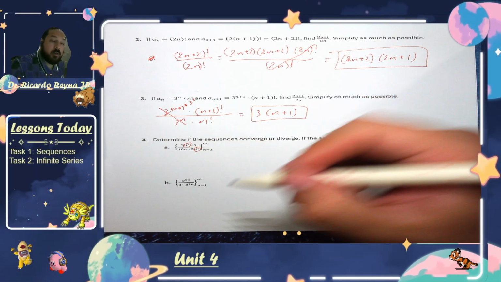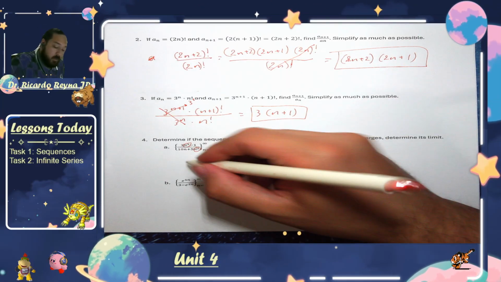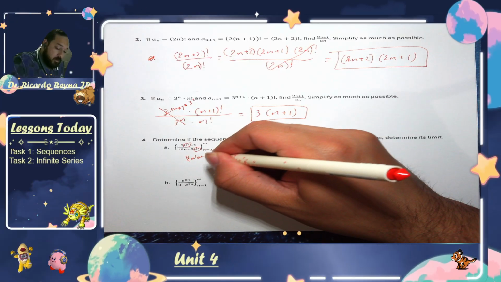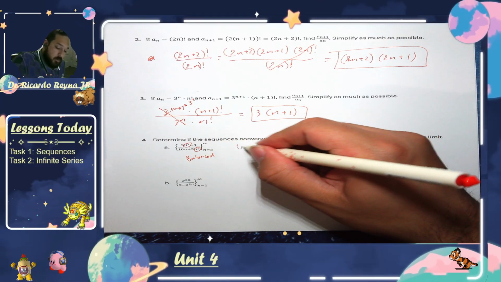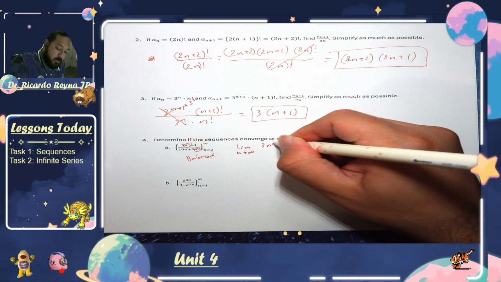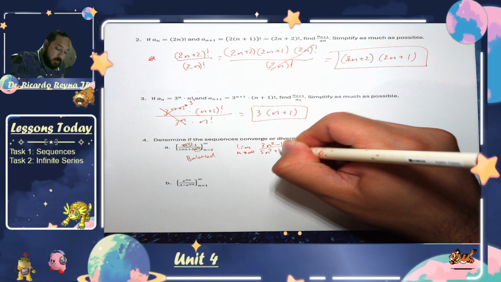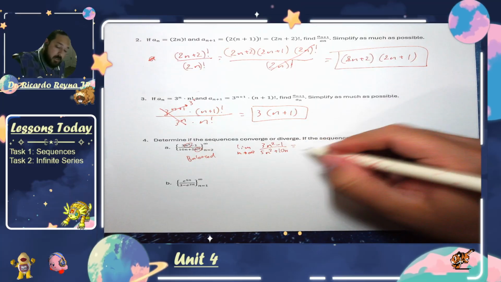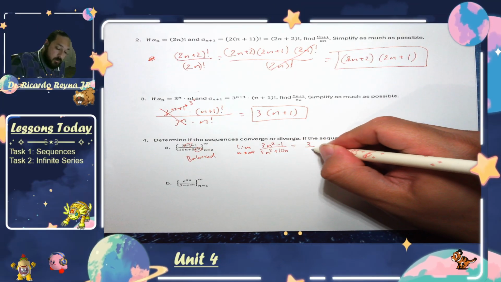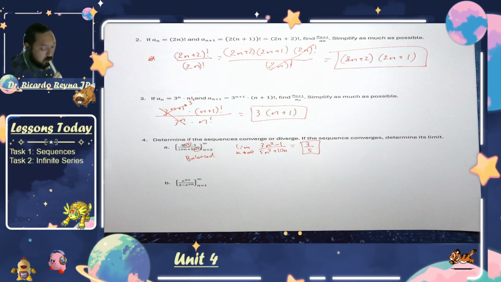The degree of the top and the degree of the bottom are both 2, and that's a balanced equation. So we write it like this: (3n squared minus 1) over (5n squared plus 10n). That's simply 3 over 5, using the logic of a balanced equation.